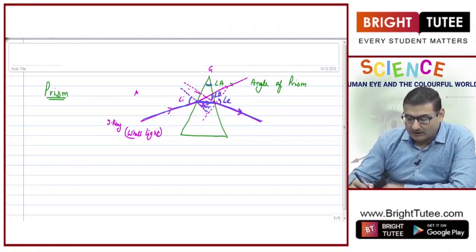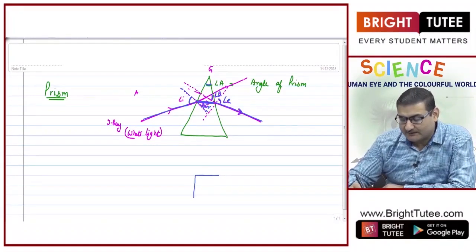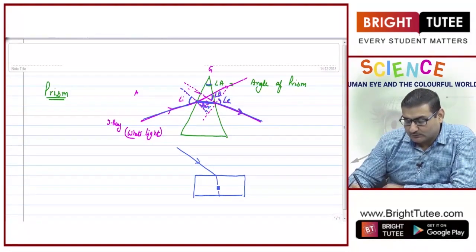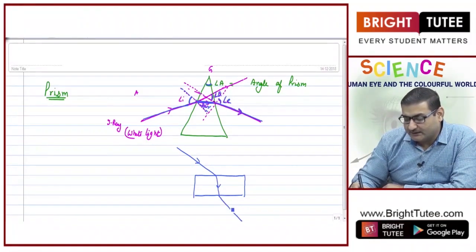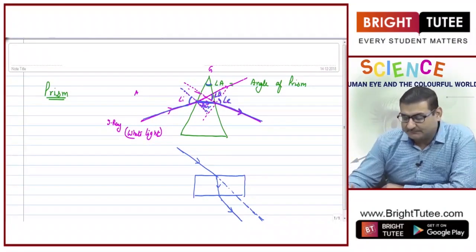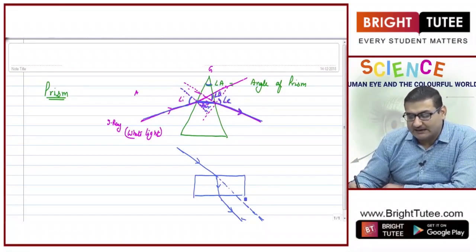Now, if we recall, when we talked about the same ray of light passing through a glass slab, then the incident ray was coming, it bent towards the normal, then it bent away from the normal. This was the incident ray, refracted ray, emergent ray, and we saw that the actual path of the ray, which should have been if the glass slab was not there, and the path of the ray which is there because of the glass slab, are parallel to each other.